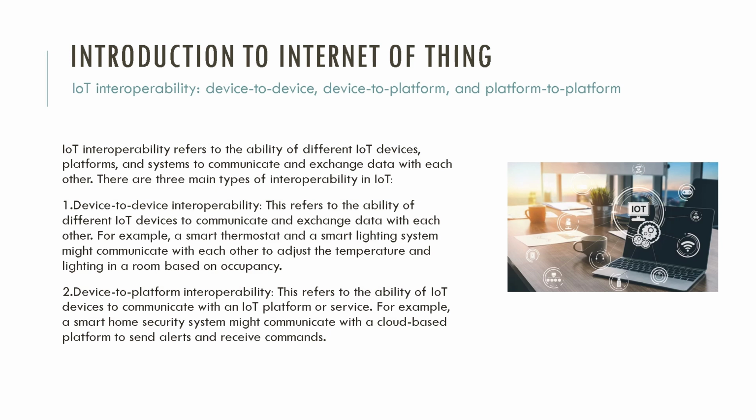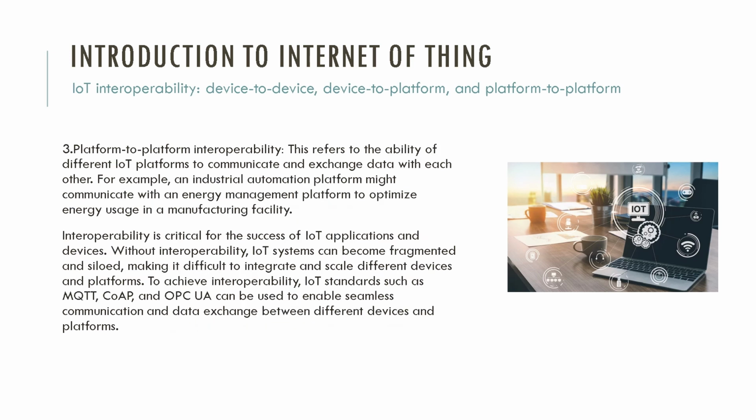2. Device-to-platform interoperability. This refers to the ability of IoT devices to communicate with an IoT platform or service. For example, a smart home security system might communicate with a cloud-based platform to send alerts and receive commands. 3. Platform-to-platform interoperability.